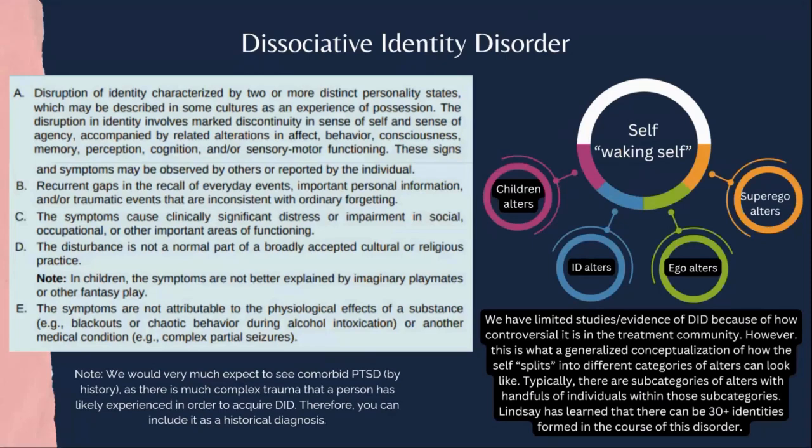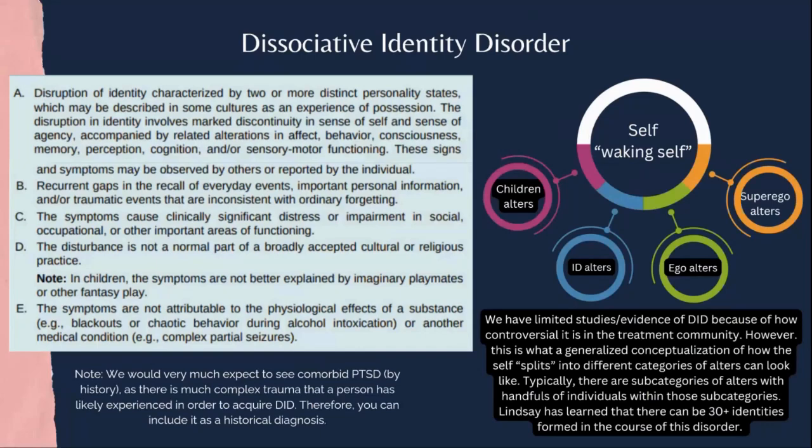So the overall DSM definition is that we have to see a disruption of identity characterized by two or more distinct personality states. Often, what I know is that there's a plethora. They're like family trees or clusters. I did my best to make this visual for you all. This is not scientific.